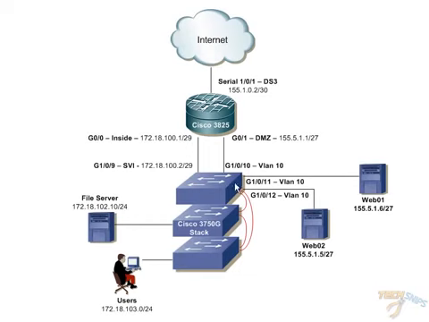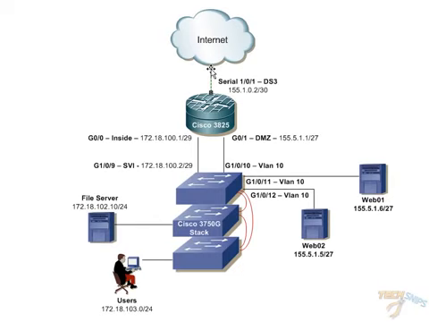Here we have a Cisco 3825 edge router running the advanced enterprise image, which allows us to use the IOS firewall and IPS features, which is the intrusion protection. Now we're pulling in a fractional DS3 connection from our ISP, and it's basically a fractional 20 megabit connection.